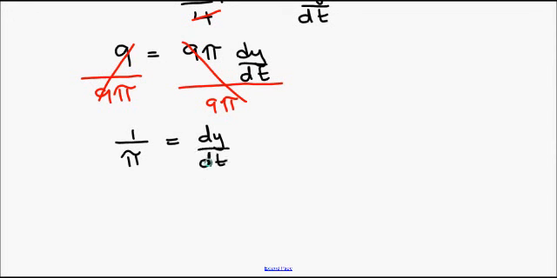If you wanted this as a decimal, dy/dt is approximately 0.318.